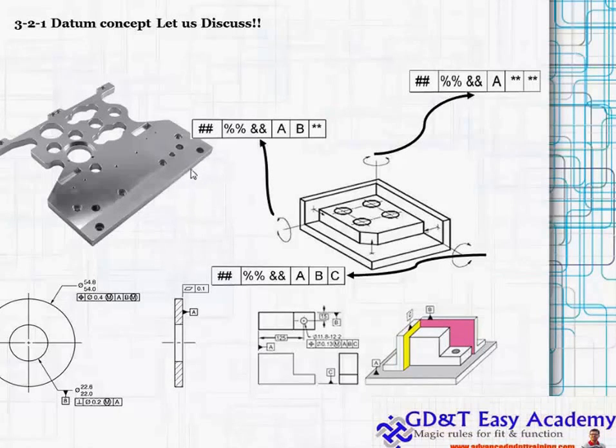I will never suggest placing your primary datum over this thin area, because it cannot restrict all the degrees of freedom perfectly. For the first primary datum of the 3-2-1 principle, you have to always prefer a flat, large area. If you see this thin area in this part, there you can never have a datum A.